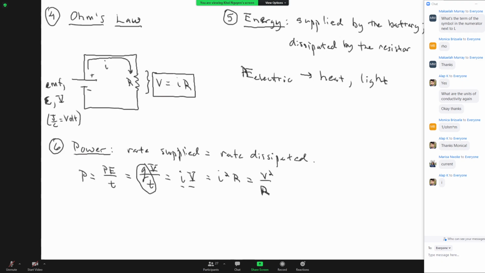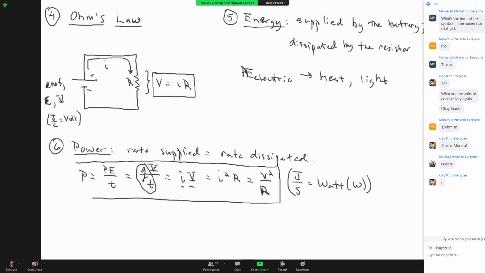This is the amount of energy per unit time that we have being expended across the circuit. Joules per second. Units are still the same. It's still in the unit of a watt, okay? All of these are the equation for power, okay? Any questions so far?